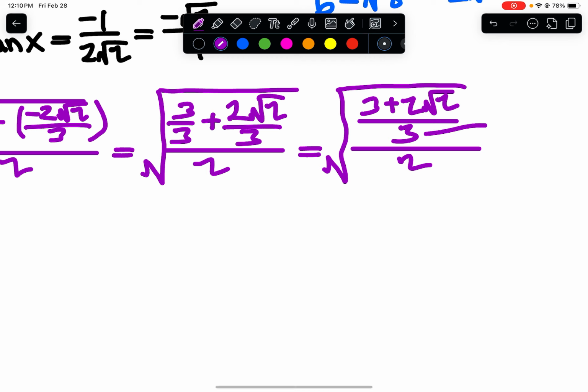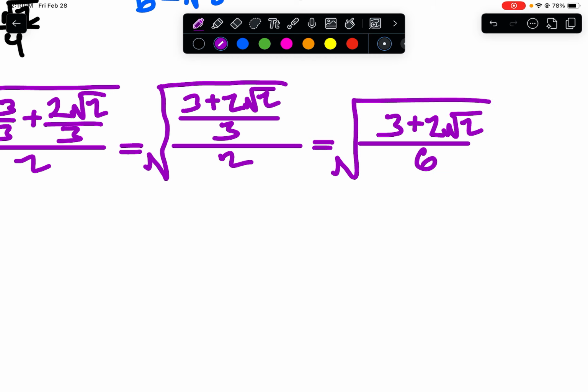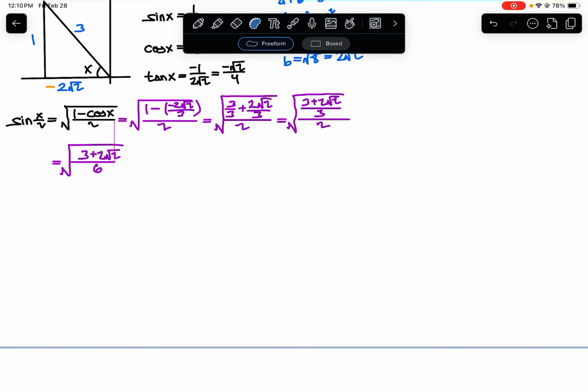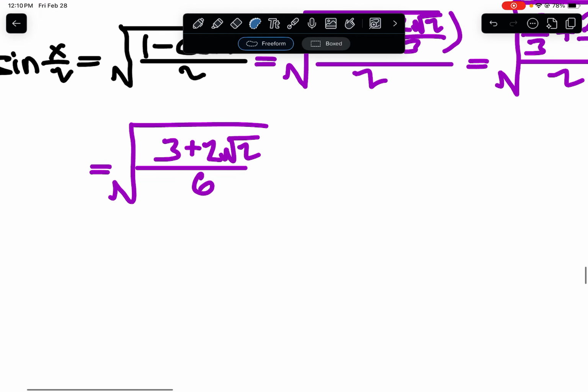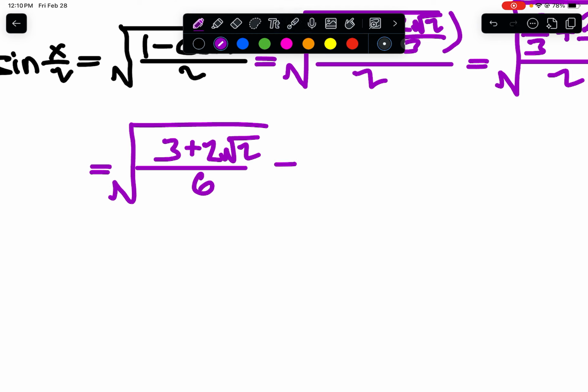Now I'm going to move this 3 here to the bottom, just like we did before. So this is going to be 3 plus 2 root 2 over 6, and that's all in the radical. Now I'm going to separate, because we technically have square root of 6 in the denominator, so we're going to have to rationalize, which is going to be annoying.